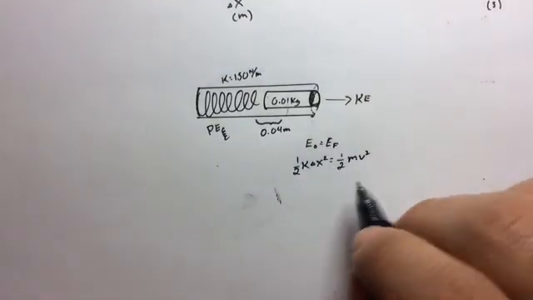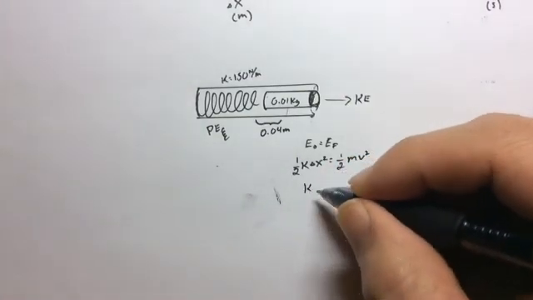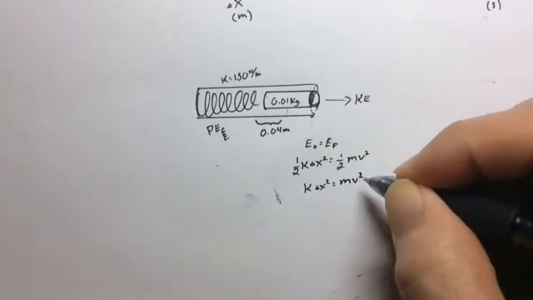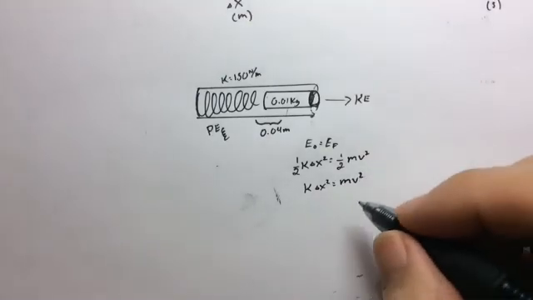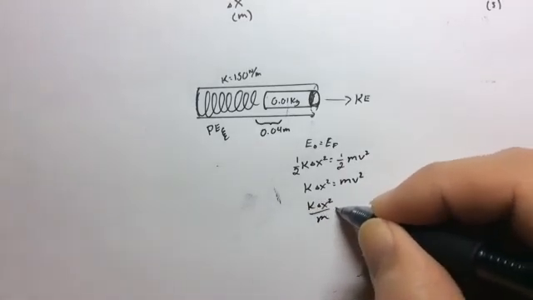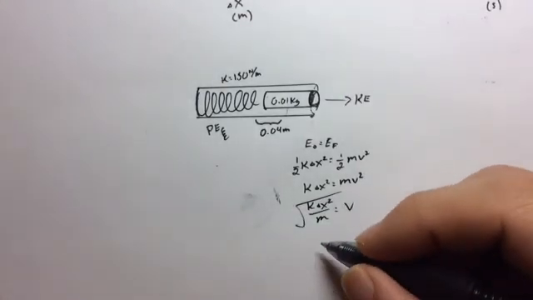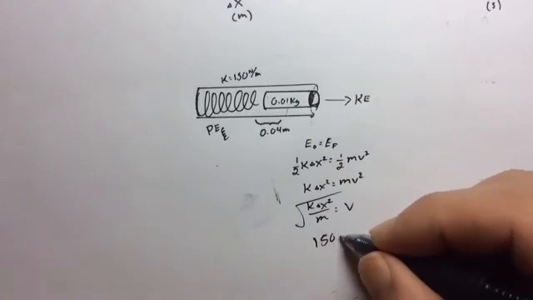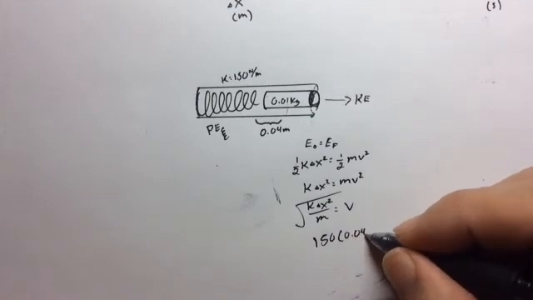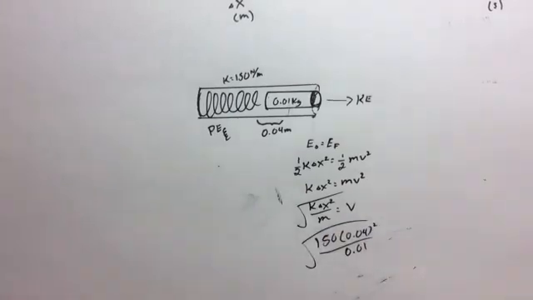Things might cancel out. The 1/2s are on both sides, so we can cancel those, and we're left with kx squared equals mv squared. If we want v, we move the mass over and square root it. For this problem, we have a k value of 150, an x value of 0.04 squared, divided by the mass, 0.01, and we square root it.